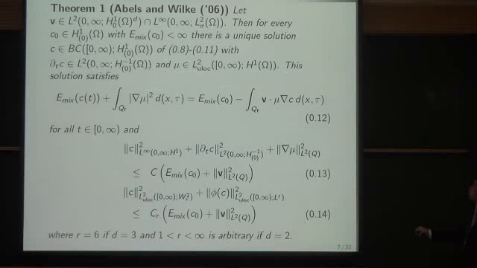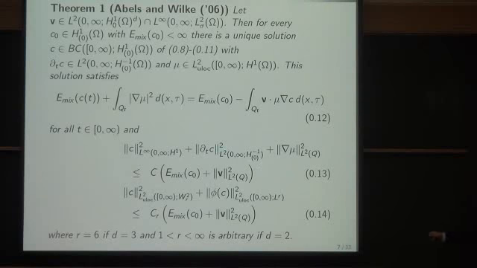And this solution satisfies this equality for all t, and this estimate. So this is the basic energy inequality, and this can be obtained by multiplying a suitable function to the equation.